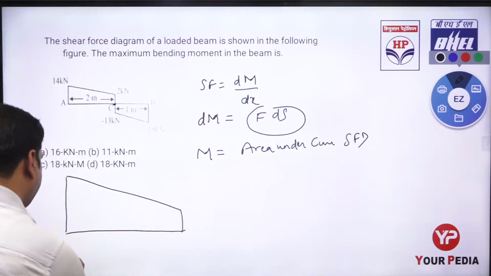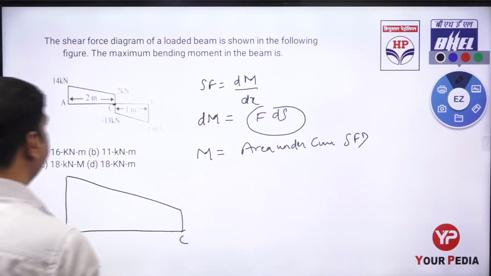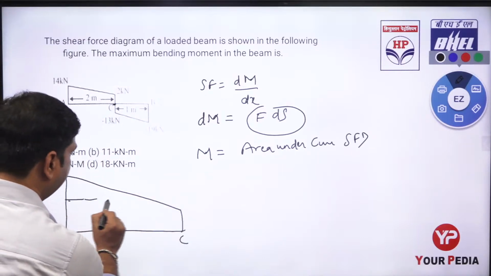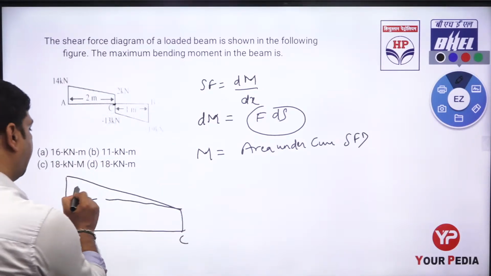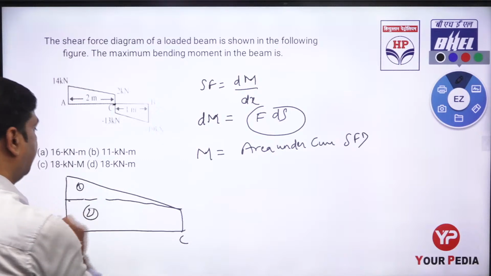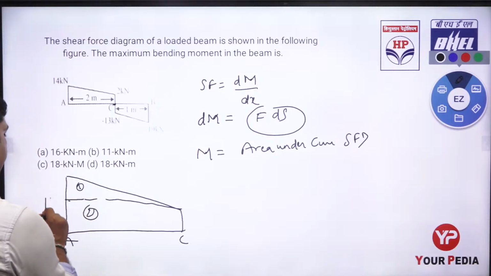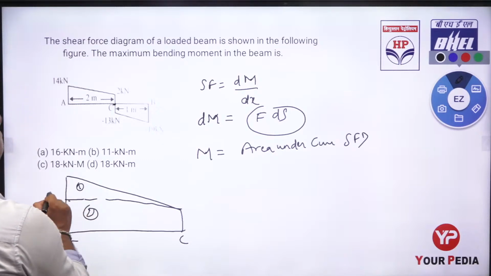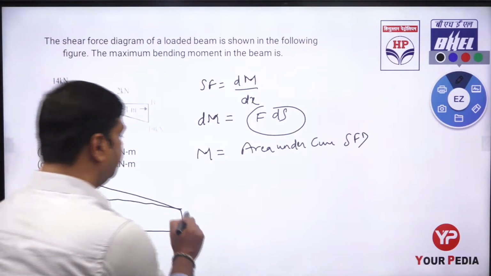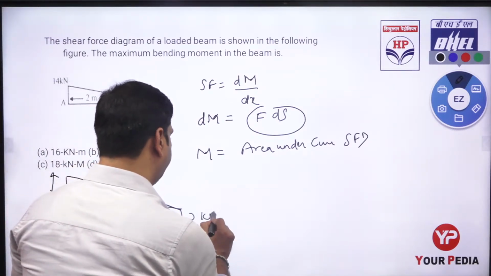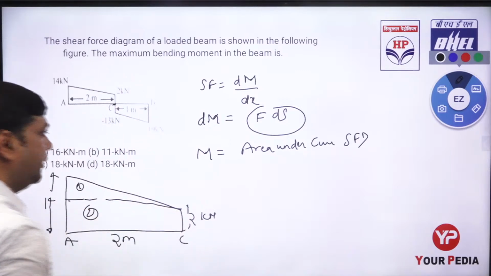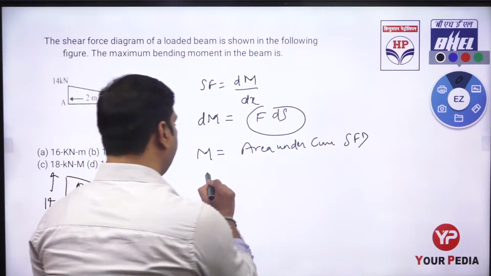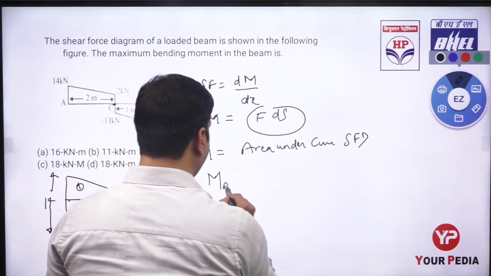This is the area under AC. It is a trapezium, or we can say it contains one triangle and one rectangle. The height of this is 14 kilonewton, and this is again 2 kilonewton, and this has a length of 2 meter. So we find the bending moment under the AC curve.